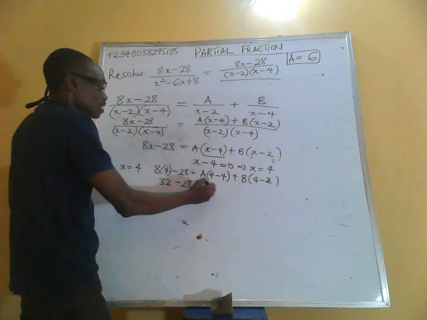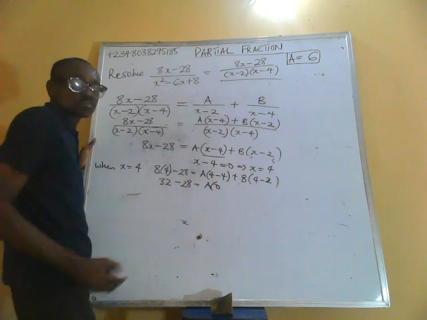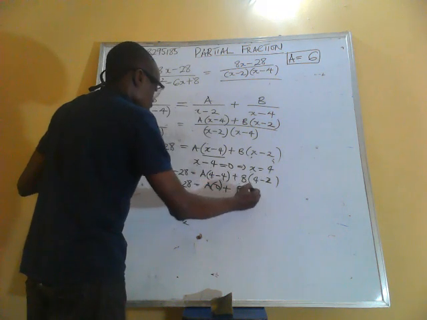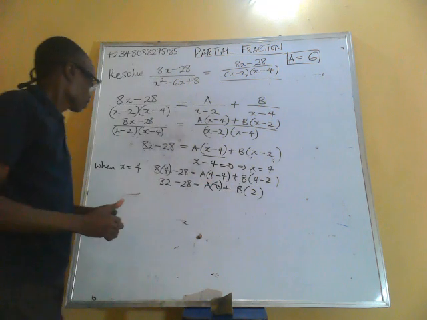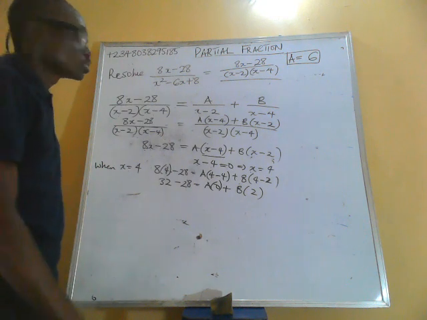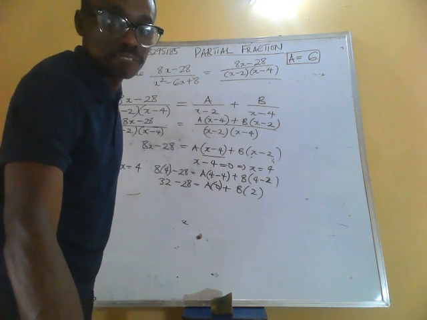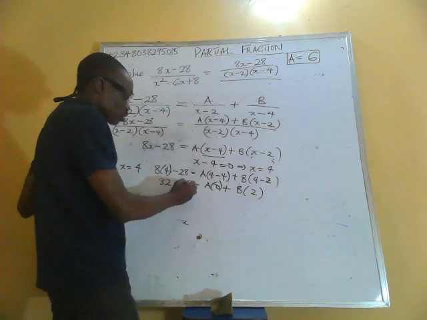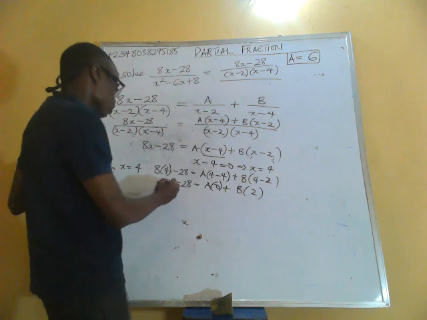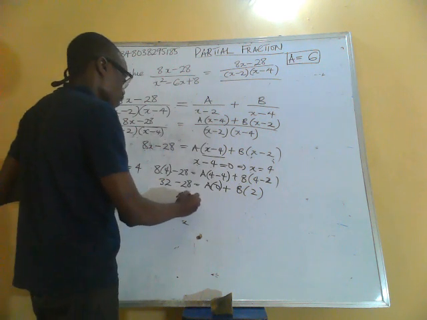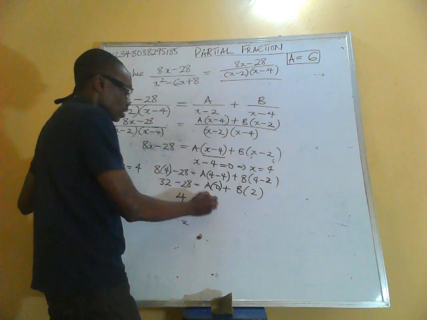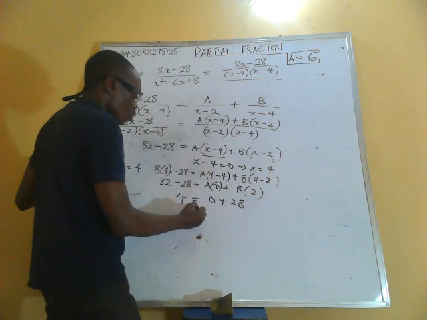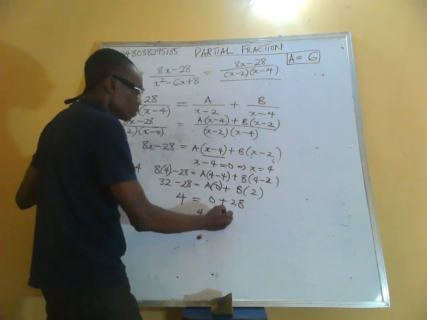This is a times 4 minus 4, which is 0, plus b times 4 minus 2, which is 2. So 32 minus 28 gives you 4, equals 8 times 0 gives you 0. b times 2 gives you 2b. So you have that 4 is equal to 2b.